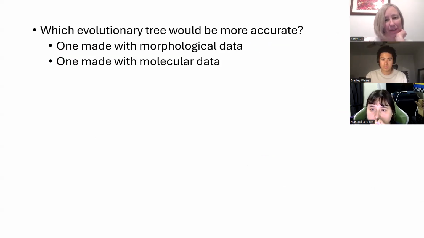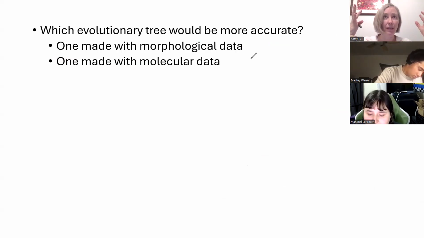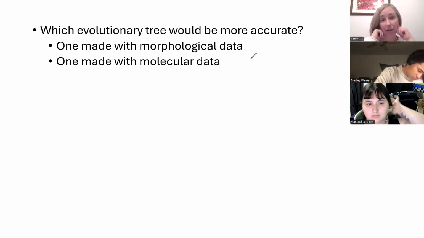Okay, which evolutionary tree would be more accurate? One made with morphological data, which just means that you're looking at different shapes or traits of the animal, or one made with molecular data.